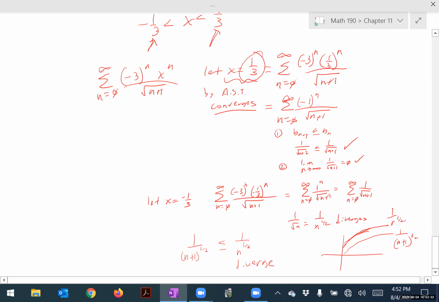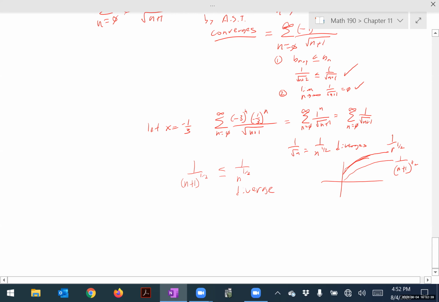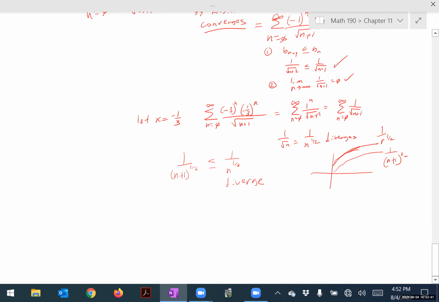However, I can do the limit comparison test, even though it goes the wrong direction. So let's do the limit comparison test. Limit as n goes to infinity of a sub n over b sub n.